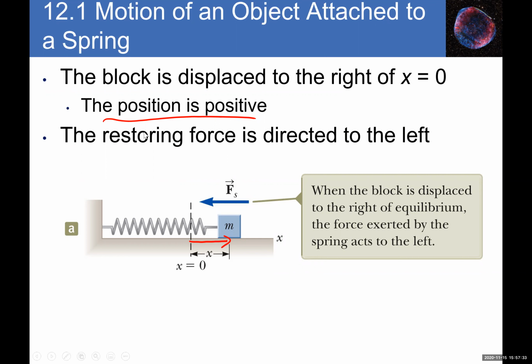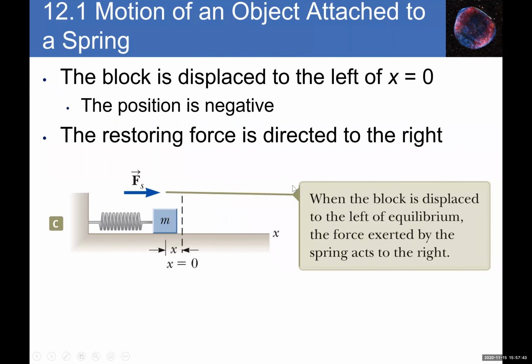Remember, that was one of the conditions for simple harmonic motion. But it has to go both ways. That means if I'm instead compressing the spring, so let's say the displacement is to the left, then the force should be in the opposite direction for the motion to be simple harmonic motion, and it is.